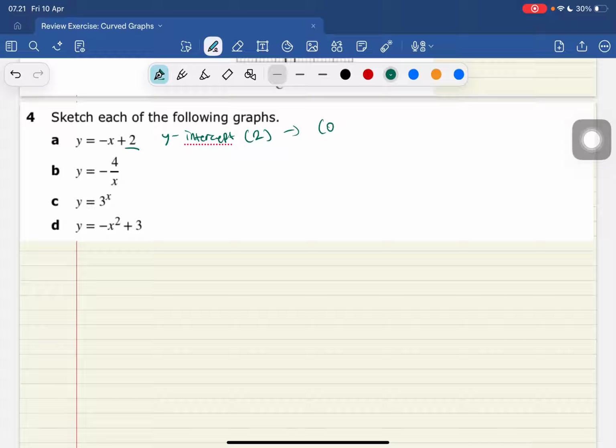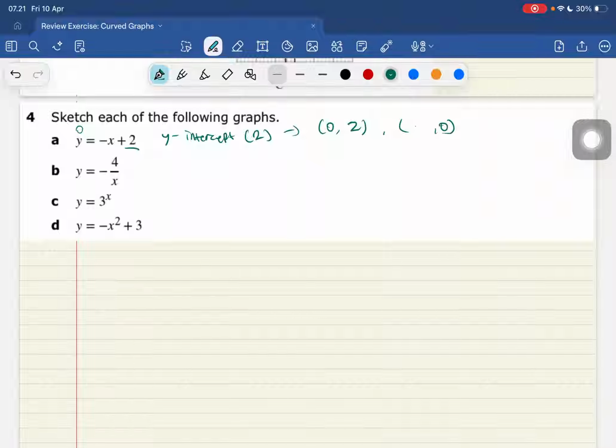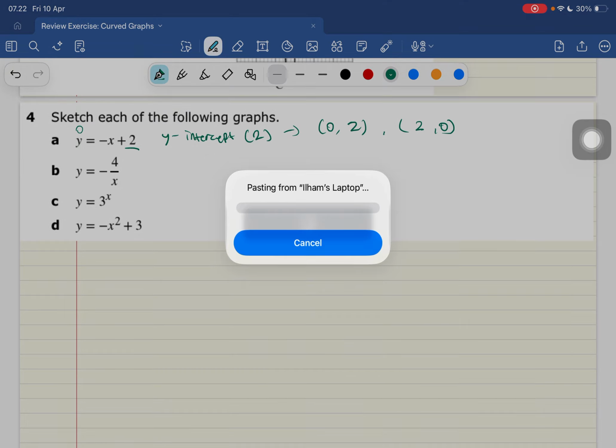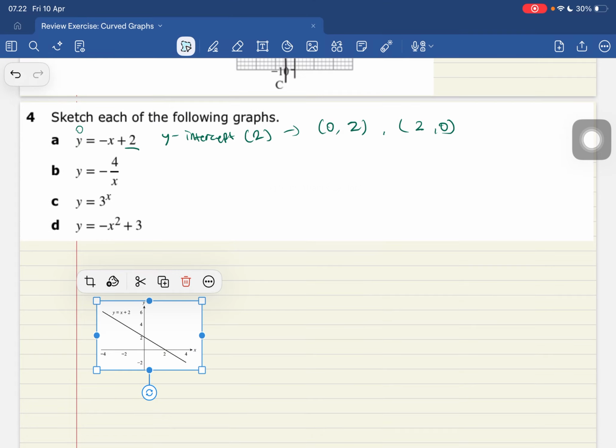When x equal to 0, y equal to 2, and when y equal to 0, x is going to be 2 as well. So here are the 2 points that we got, with the gradient equal to negative 1.